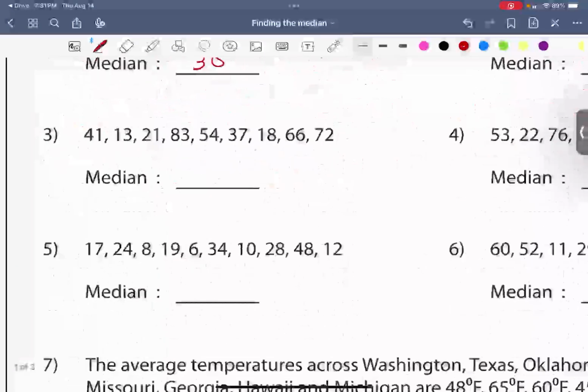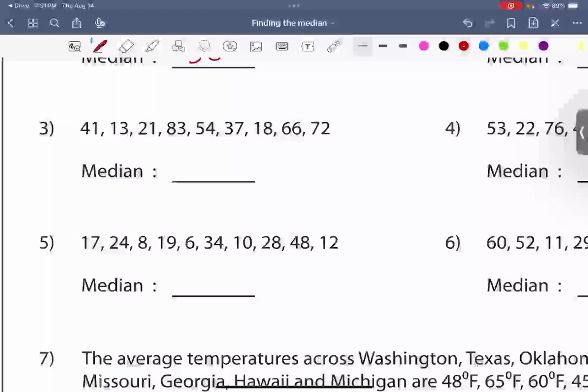Let's look at number 3. So I have to put these numbers in increasing order.